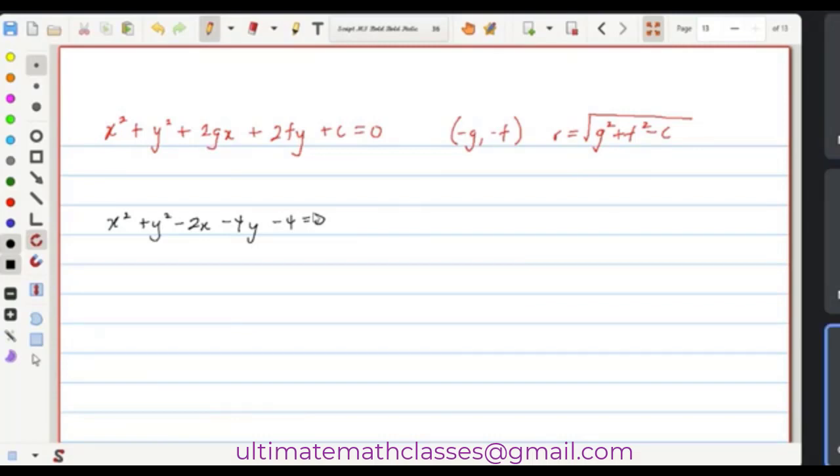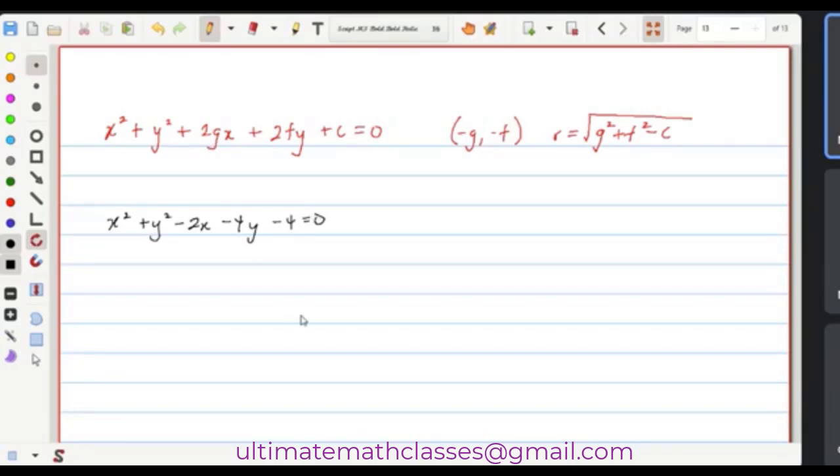So find the radius and the center of the circle.